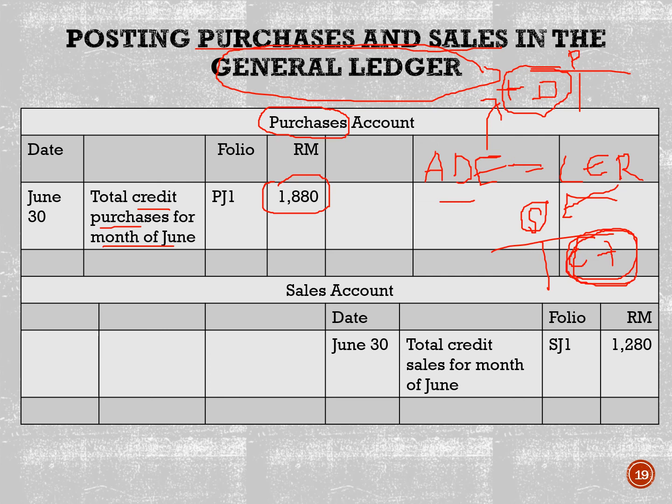So bila expense dia belah sini, debit dia akan bertambah. While kalau sales, revenue kita akan bertambah, so kita akan tambah belah credit side. Okay, so ini cara macam mana I ingat purchase dia bertambah belah debit or credit. I hope everyone take notes and try untuk remember kalau purchase dalam general ledger kita akan post dia belah debit.